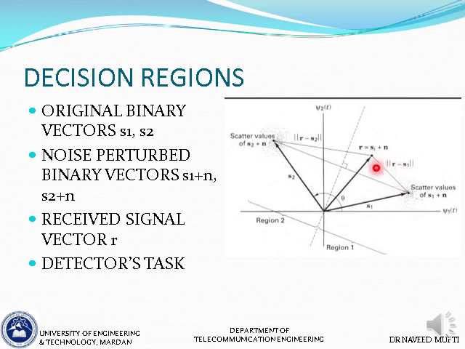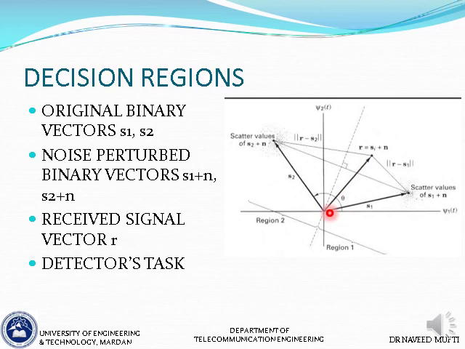One distance is indicated by R minus S1, and the other is the distance of the received vector from the other possible position of the vectors. So we have these two distances, and based on the minimal distance, the receiver or the detector will make a decision. This rule is often stated in terms of decision regions.